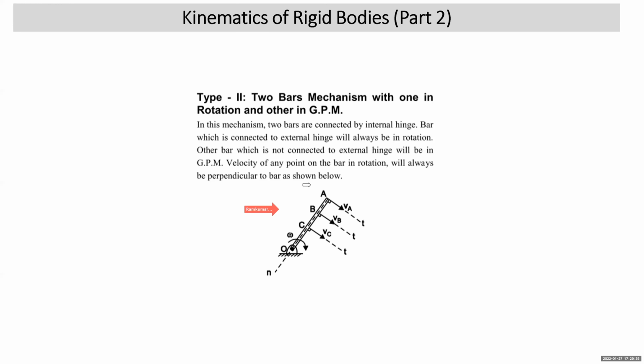With this explanation, it should be clear. You can see in this case, the velocities of points A, B, and C are perpendicular to bar OA. With this understanding, we are ready to start with the problems of type 2.